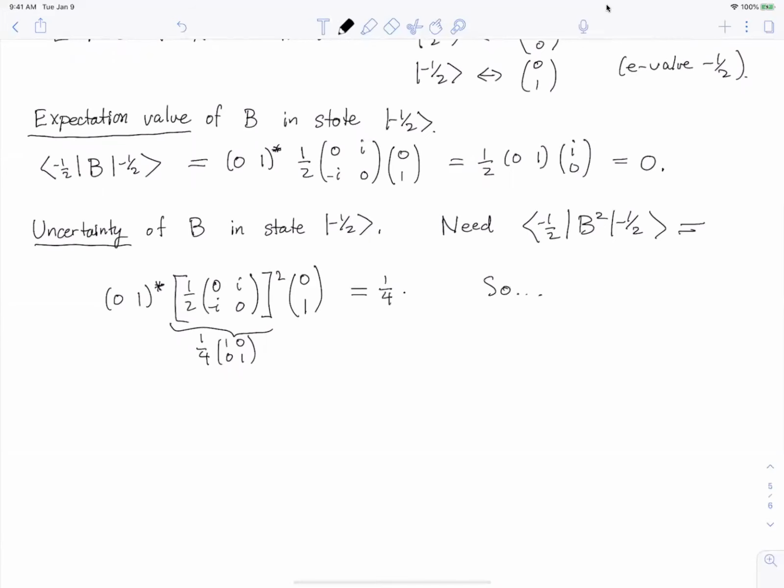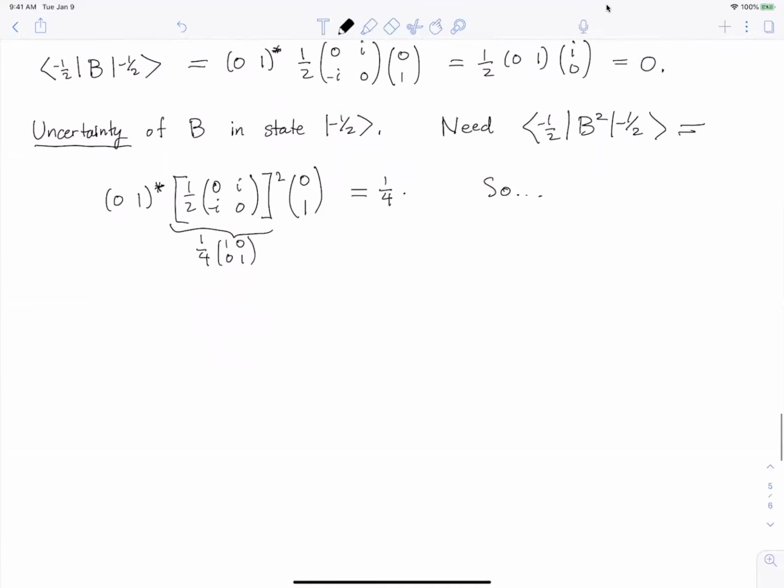So the uncertainty in B squared is equal to minus 1/2 B squared minus 1/2 minus the square of minus 1/2 B minus 1/2.